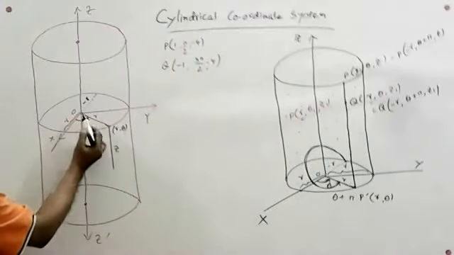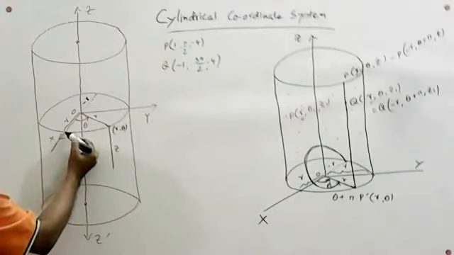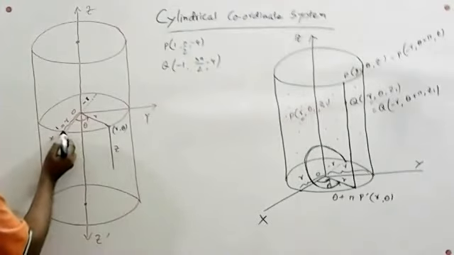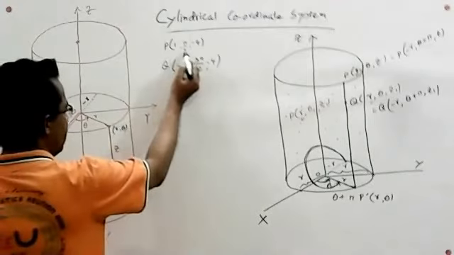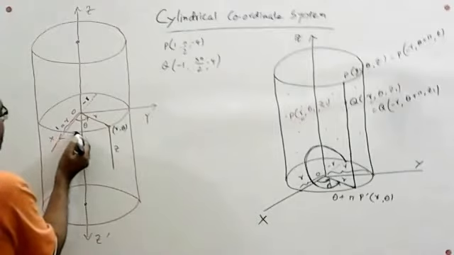So we have to start from the origin. For 1, we will have to move along the x-axis where it intersects the surface of the cylinder at the x-axis. So this is 1. And from here, anticlockwise, we will have to move an angle of pi by 2. If we move anticlockwise, then we have to move in this way.